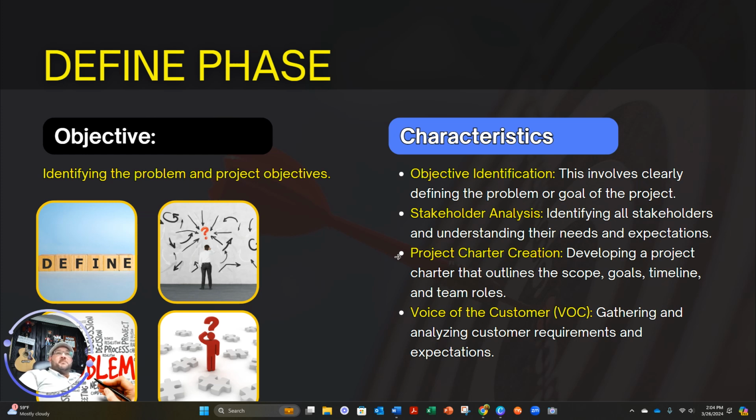And the voice of the customer, where we're gathering and analyzing customer requirements and their expectations. Utilizing this, we can understand the define phase, and we can use it to build upon a solid foundation for our continuous improvement activity.